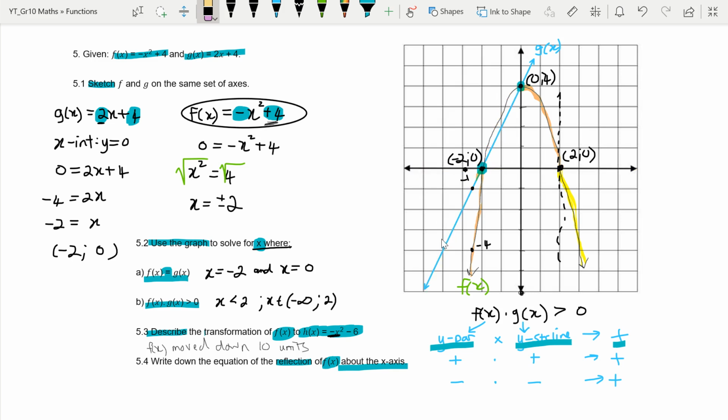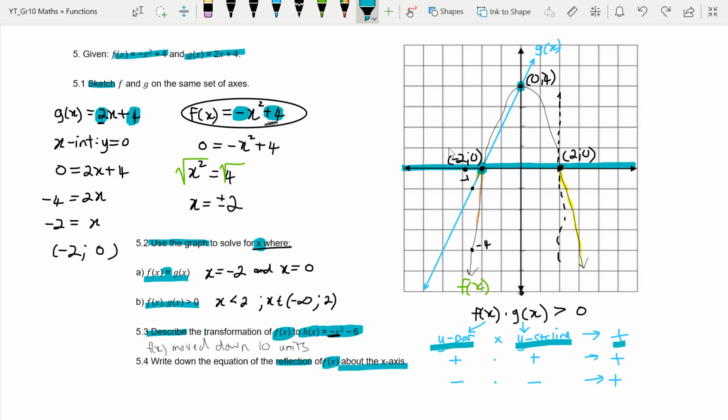And then we'll get back to the question. When it says we need to reflect about the x-axis, it means that the x-axis is our mirror that we are reflecting over. So whatever is on this side of the x-axis is going to be reflected to this side of the x-axis.